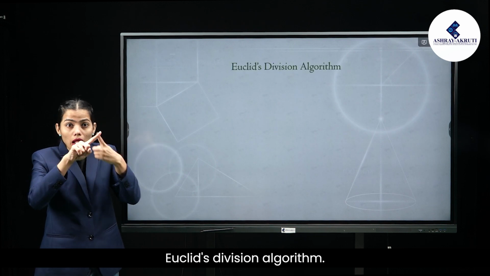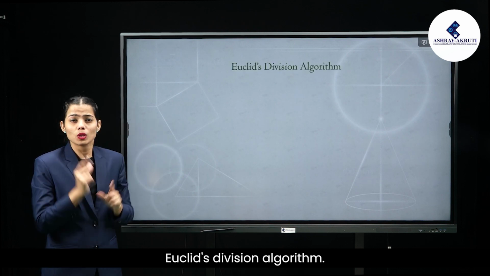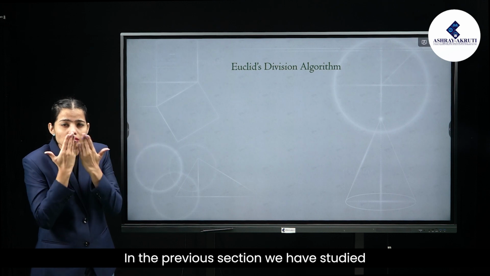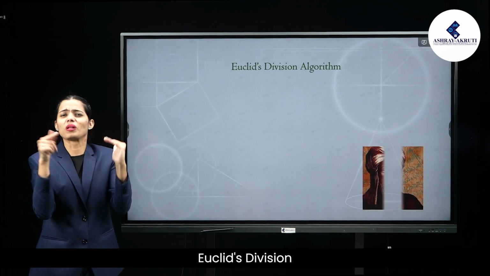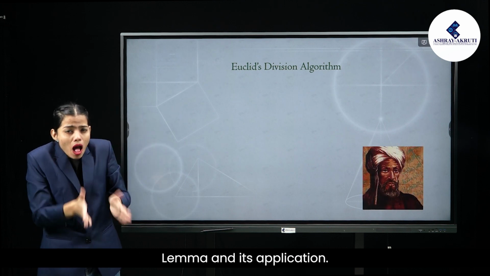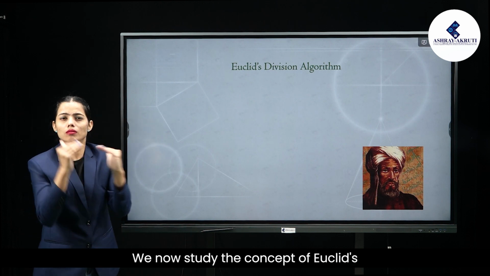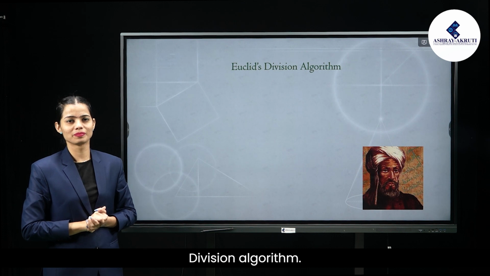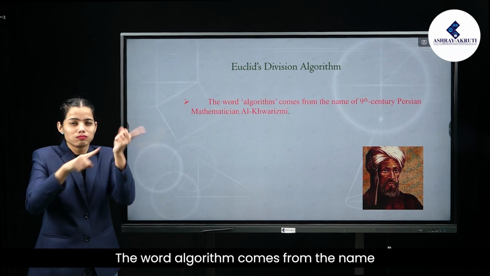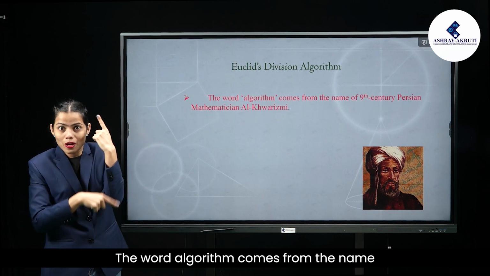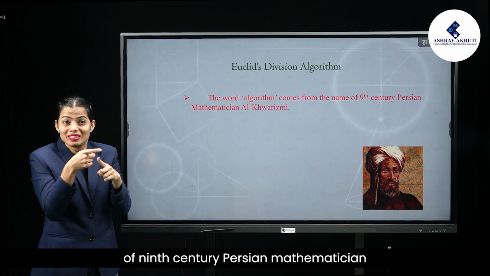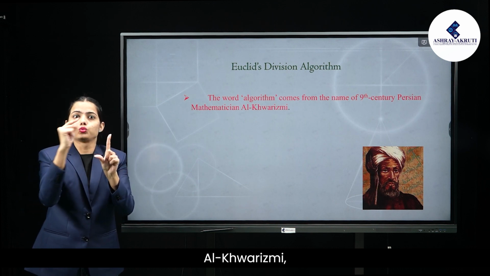Euclid's division algorithm. In the previous section, we have studied Euclid's division lemma and its application. We now study the concept of Euclid's division algorithm. The word algorithm comes from the name of 9th century Persian mathematician Al-Khwarizmi.